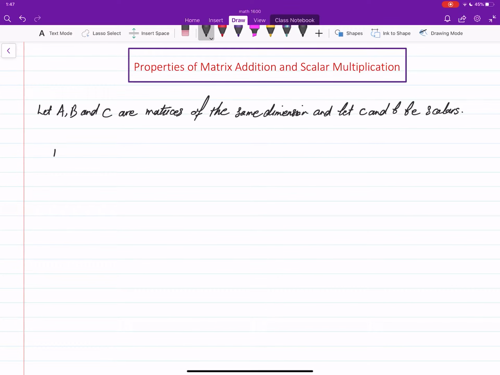Then the first property that comes up is that if you add A to B, it is the same thing as adding B to A. In other words, matrix addition is commutative, and the property is called commutativity.